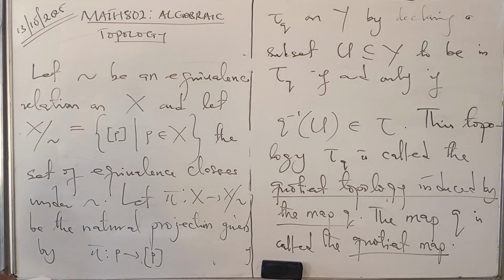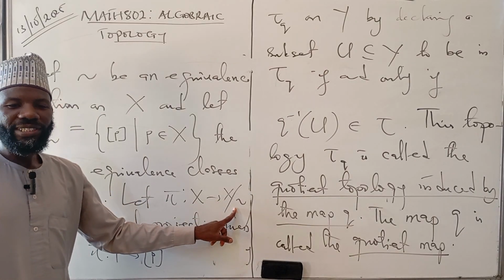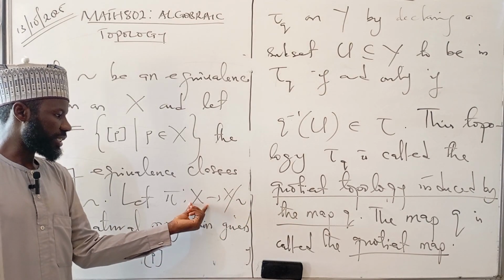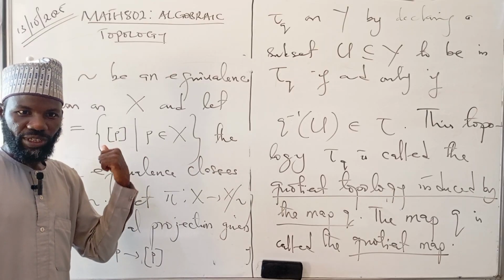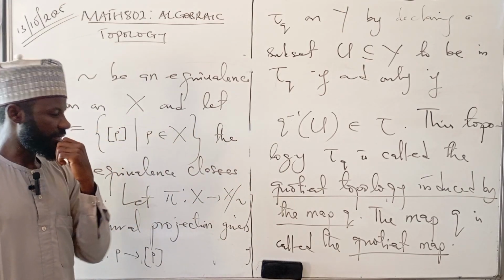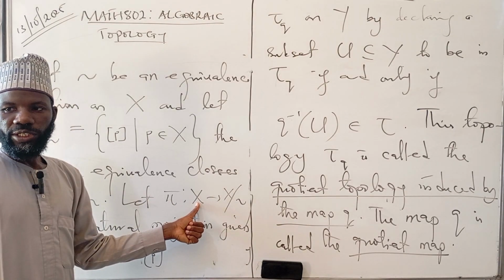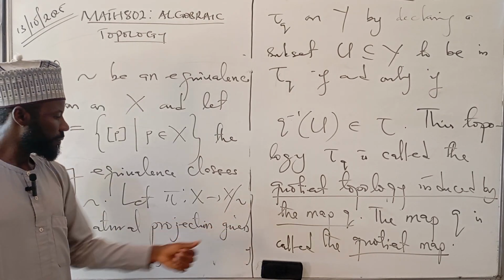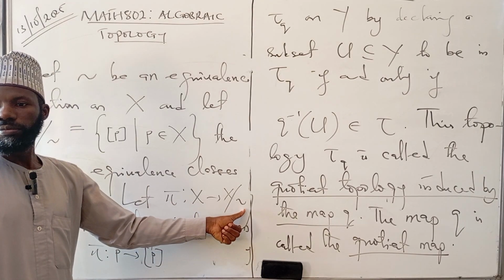So we have a set. This is not a topological space. We don't know it because we have not identified any topology. But this one is a topological space. Since we have an onto mapping, this is why I made the remark that Y doesn't have to be a subset of X. So look at it. This is a topological space, and this is a set. But then you have an onto mapping because this natural projection is always onto.